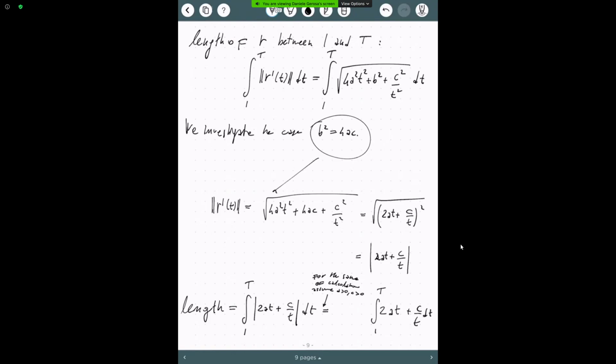And now this is easy to compute. So this is going to be equal to a t squared between 1 and t plus c logarithm of t between 1 and t.